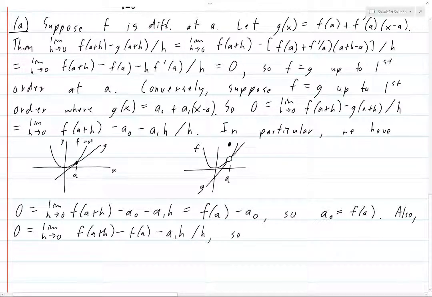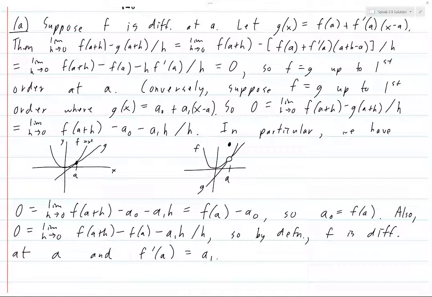And so by the definition of differentiability, f is differentiable at a, and f prime of a equals a1. Alright, so now that's what we need for part A. We proved both directions. We had to add an extra condition that wasn't mentioned, but oh well, not a big deal.